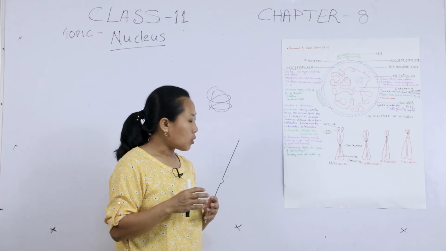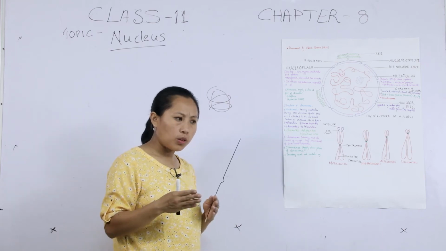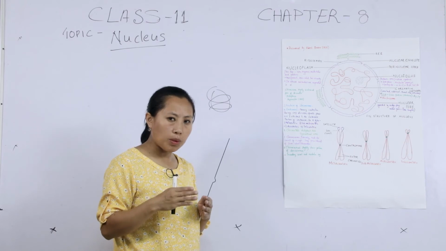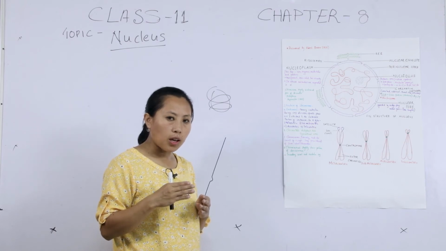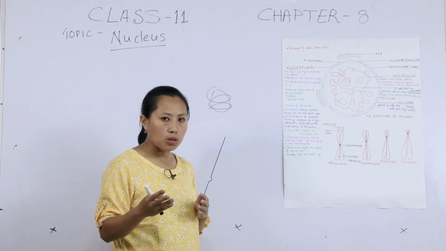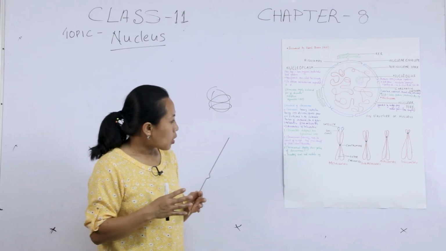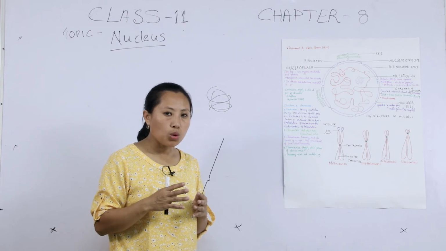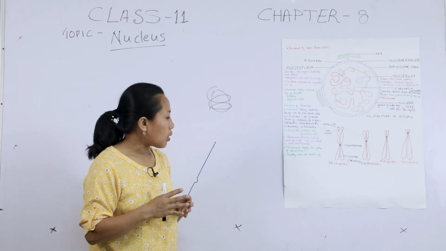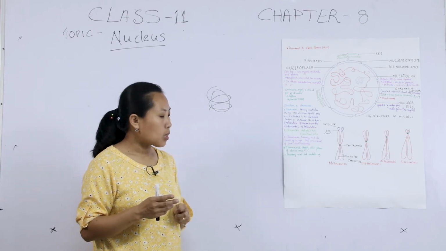Each chromosome, before entering the division phase, has its DNA replicated, so from one it becomes double the amount of DNA. As such, this chromosome consists of 2 arms, and these 2 arms are known as chromatids.